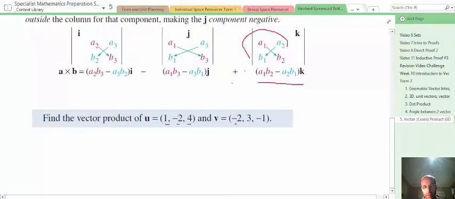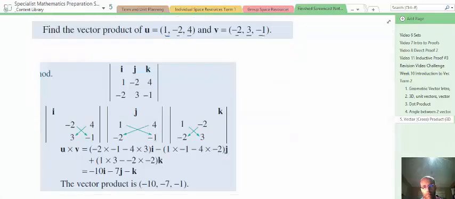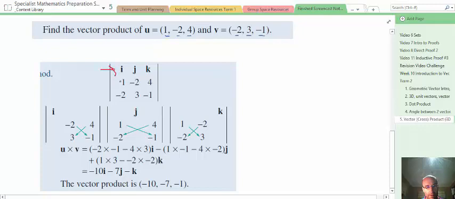So it's easy to convert them, and the second vector v will be negative 2i plus 3j minus k, so as long as you remember that. So you may need to pause parts of this video to have a closer look. So you can see that we've basically got our i, j and k written down. We've got the first vector, u, written in its i, j and k columns.